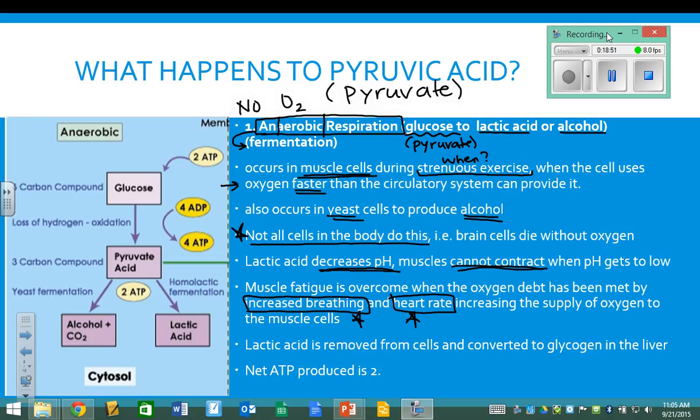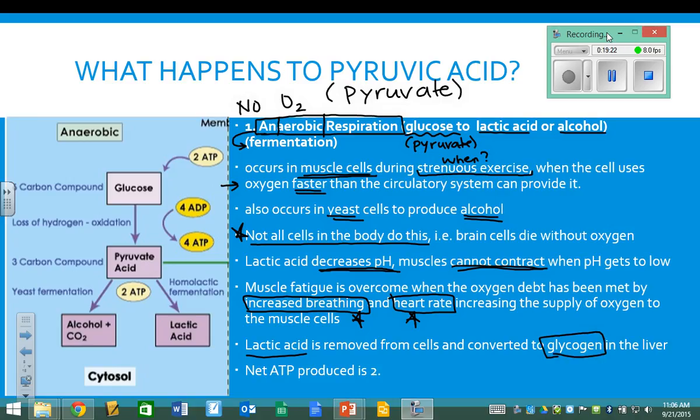But when those two things increase so that the supply of oxygen increases, then my cells don't have to do this anymore. So for our cells, humans, we would prefer not to do anaerobic respiration. It's a second choice when we have to, when there's not enough oxygen available. Now what happens? Lactic acid is converted into glycogen.